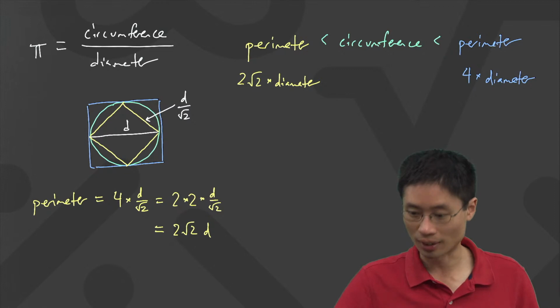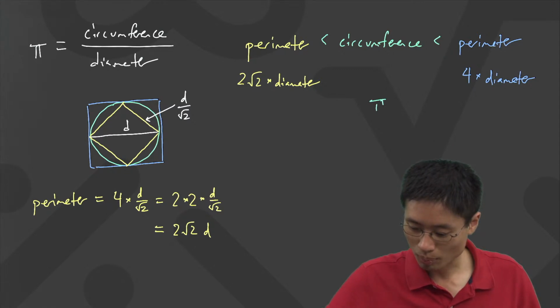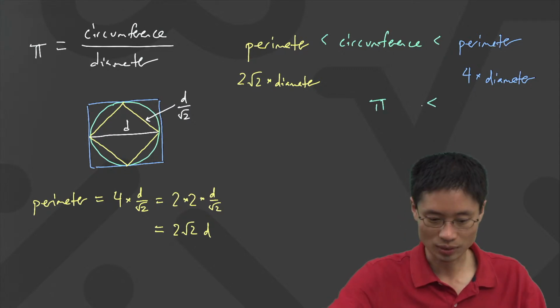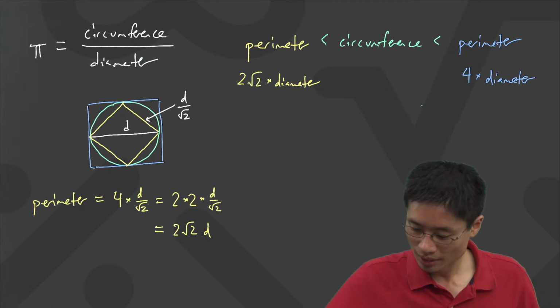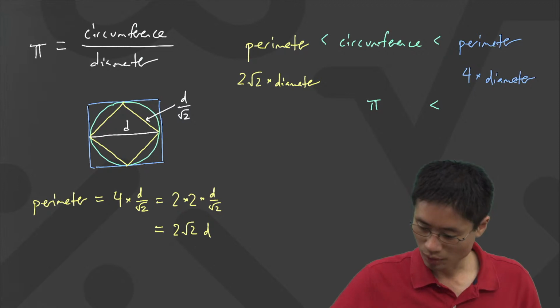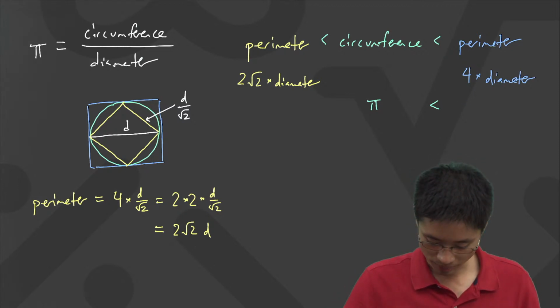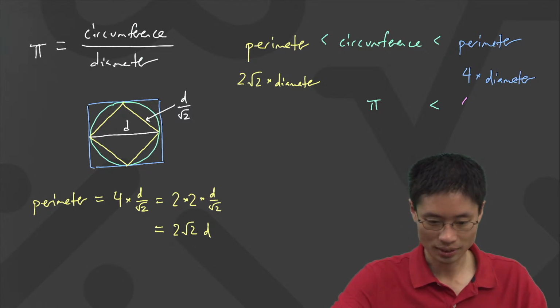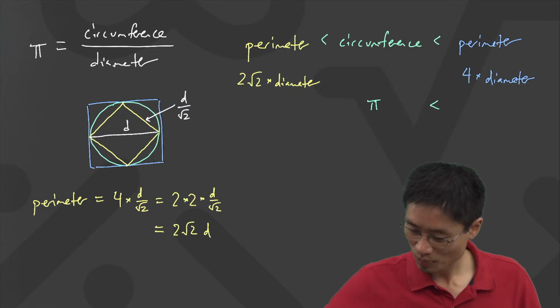So I've just found out a very nice inequality. Pi is between, let's write the pi more tidily. Pi is between, on one side, 4. That's the wrong color. That's still the wrong color. Come on, yeah. 4.